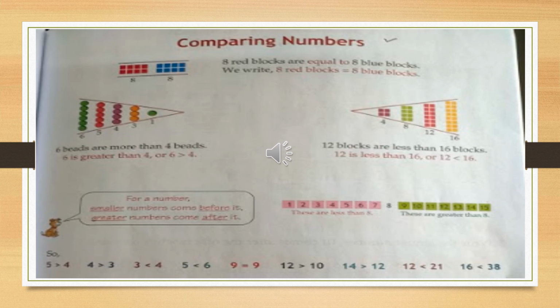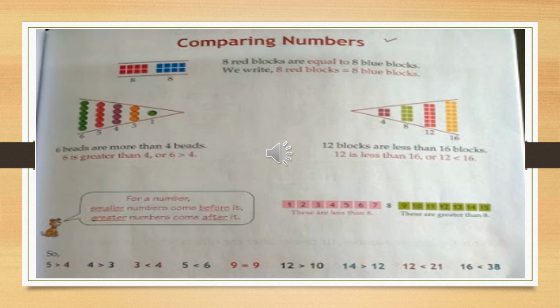1, 2, 3, 4, 5, 6, 7. These are less than 9, 10, 11, 12, 13, 14, 15. So some numbers are written down on the page. Between all these numbers, the same thing applies: the birdie has opened the mouth towards the bigger number.